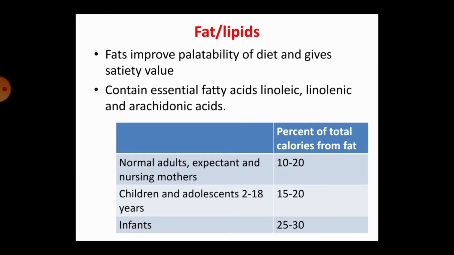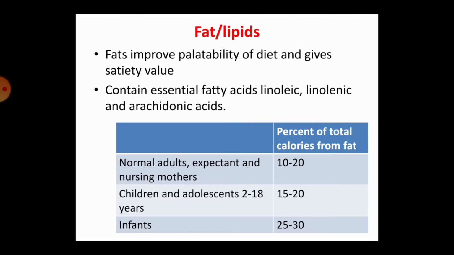Next is lipids and fat. Fat improves palatability of diet and gives satiety value. And fat is more tasty compared to other nutrients. It also contains essential fatty acids like linoleic acid, and arachidonic acid. So the percent of total calories from fat for normal adults, expectant and nursing mothers is 10 to 20%.